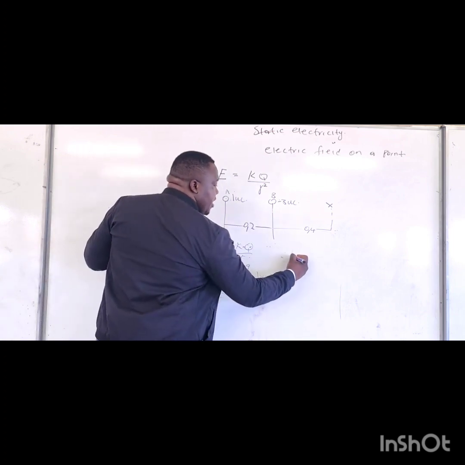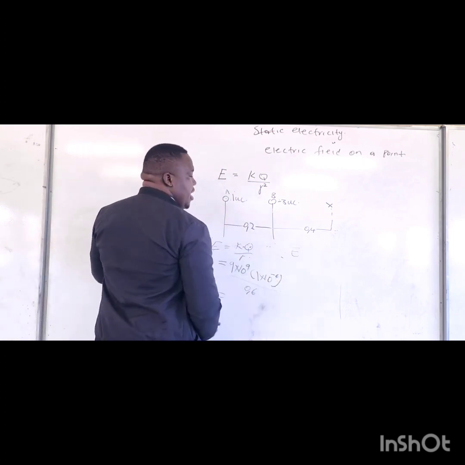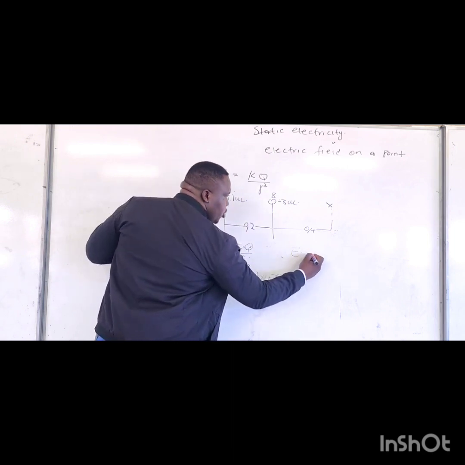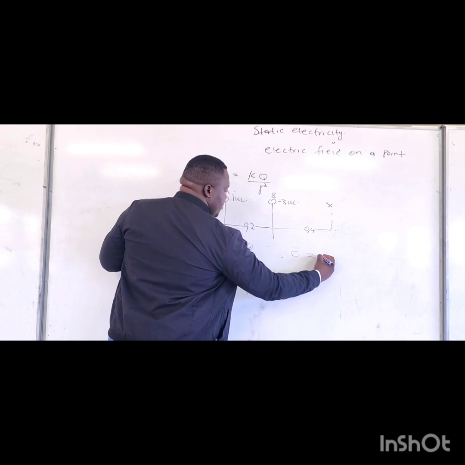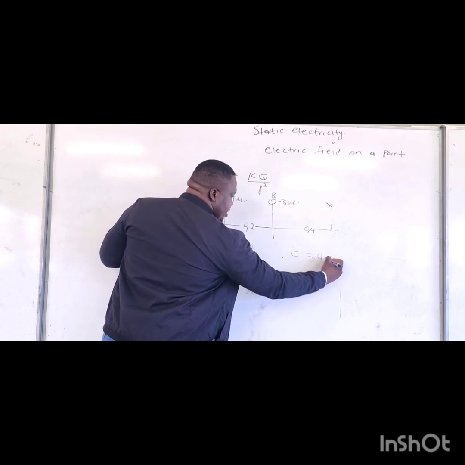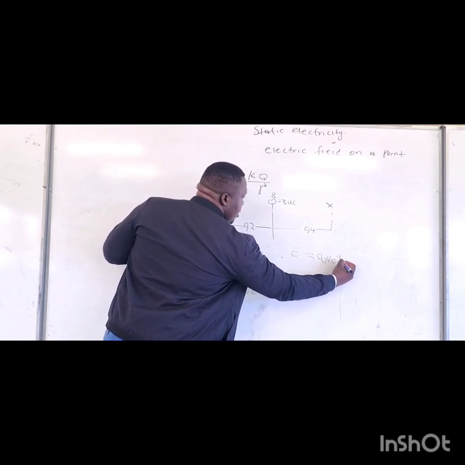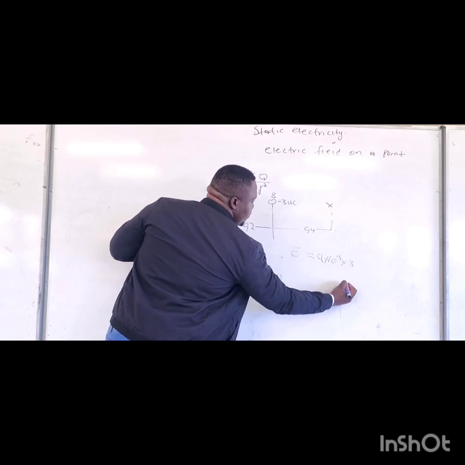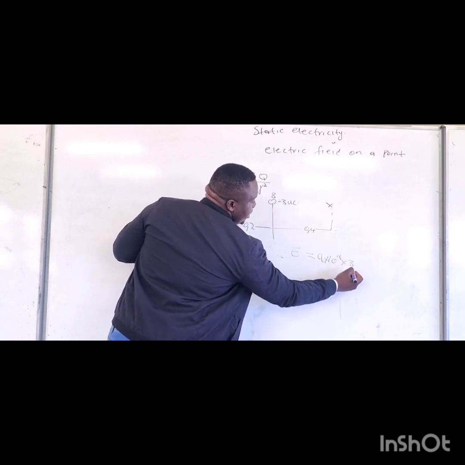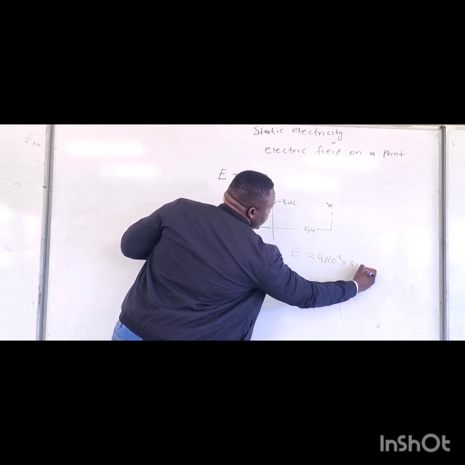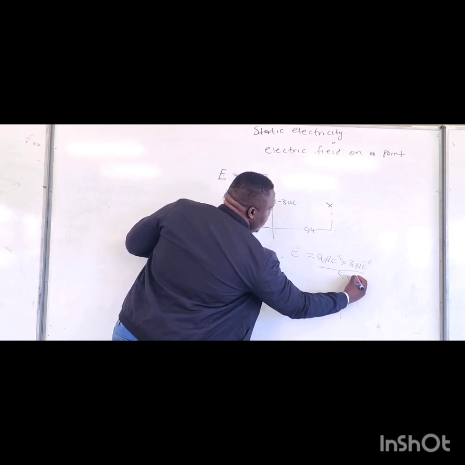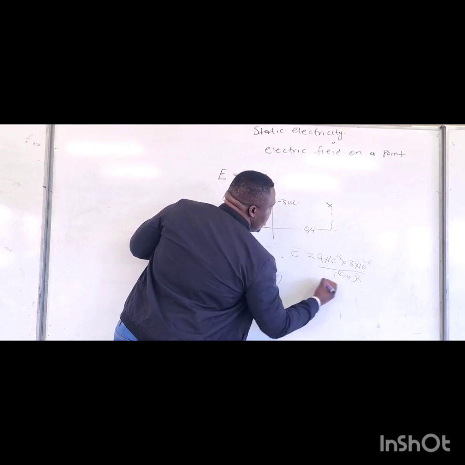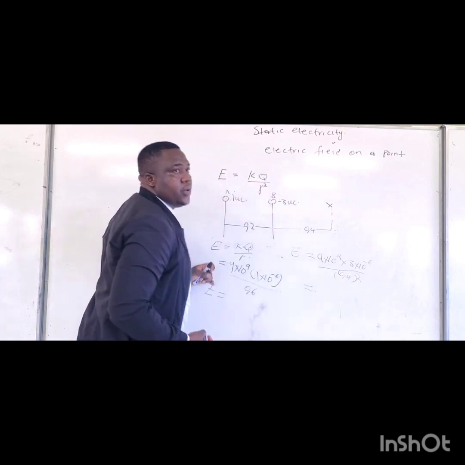Then we do the electric field that X experienced due to B, whereby we are going to have 9 multiplied by 10 to the power 9 multiplied by 3 multiplied by 10 to the power minus 6 over 0.4 squared. This is what I usually tell people.